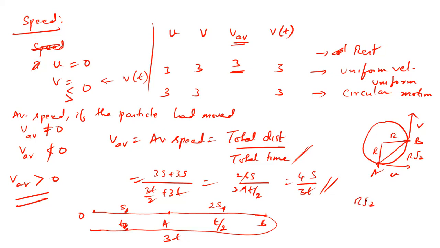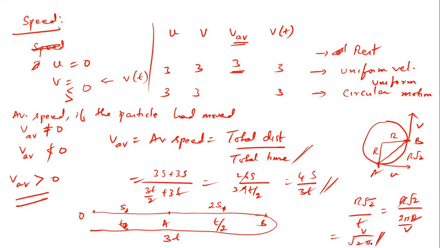So r root 2 divided by the time taken for it to go. The time taken I can write again as 2 pi r by v, because it's the speed, right? The total distance traveled is 2 pi r in one circle, and v is nothing but uniform velocity. This r also goes away. So I can now write this as v by root 2 pi.